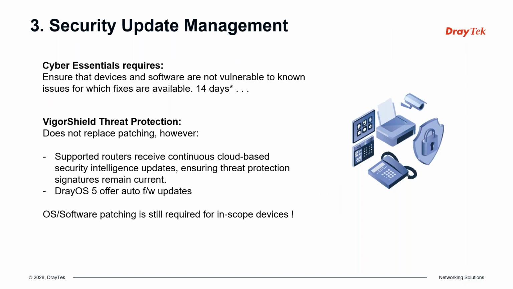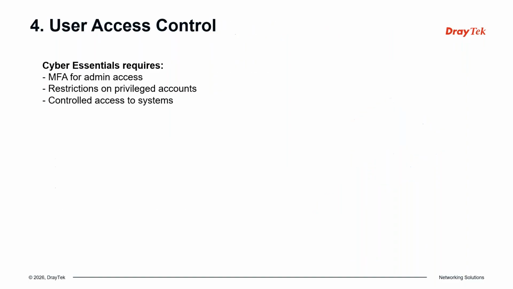So those signatures that the router is using will continually keep getting updated, but also DrayOS 5 offers auto update for firmware now, so you can enable that and have the router automatically updated once the new firmware is released. So the OS and software patching is still required for in-scope devices on the LAN, of course. I wouldn't say that this replaces patching of the PCs and keeping those updated.